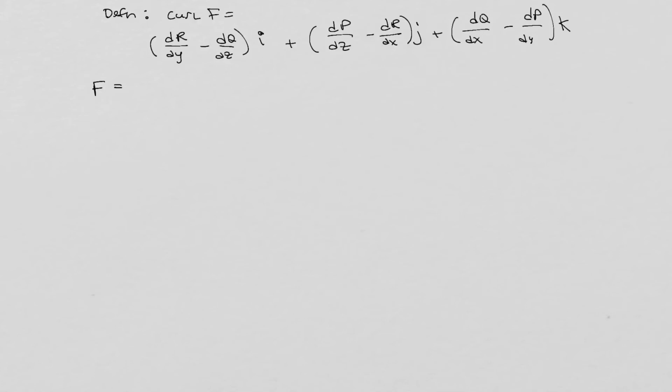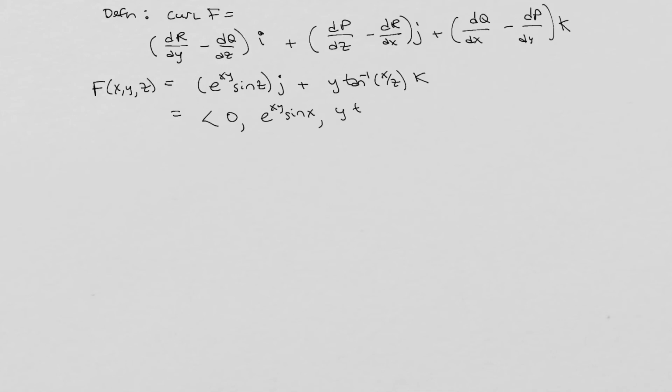F of x, y, z gives me e to the xy times sine of z j plus y times arctangent of x over z k. So in this case, there's nothing for i, so that component is 0. If you like to see it as a vector, here's what it would look like.